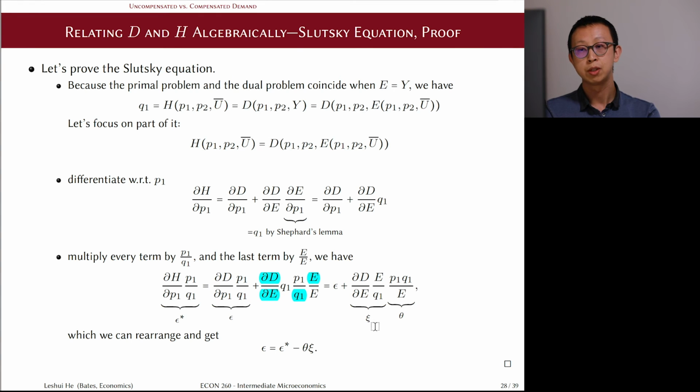Finally, we just move this term of plus theta times xi to the other side of the equality, and then flip them backwards. And then we'll have epsilon on one side, and epsilon star minus theta times xi on the other side. And there we have it. This is our Slutsky equation.